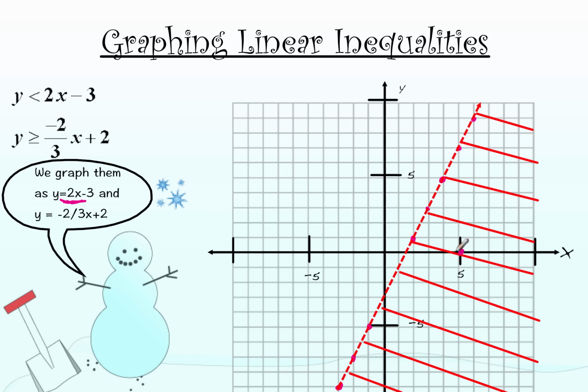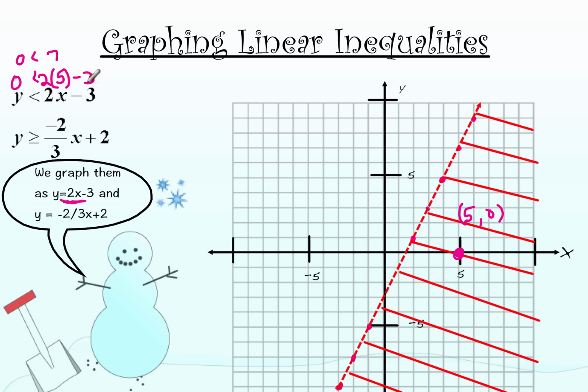So I'm going to pick this point right here. This is the point 5, 0. And if I put 5, 0 in here, 5 in for x, and 0 in for y, we get a true equation. 0 is less than 7.